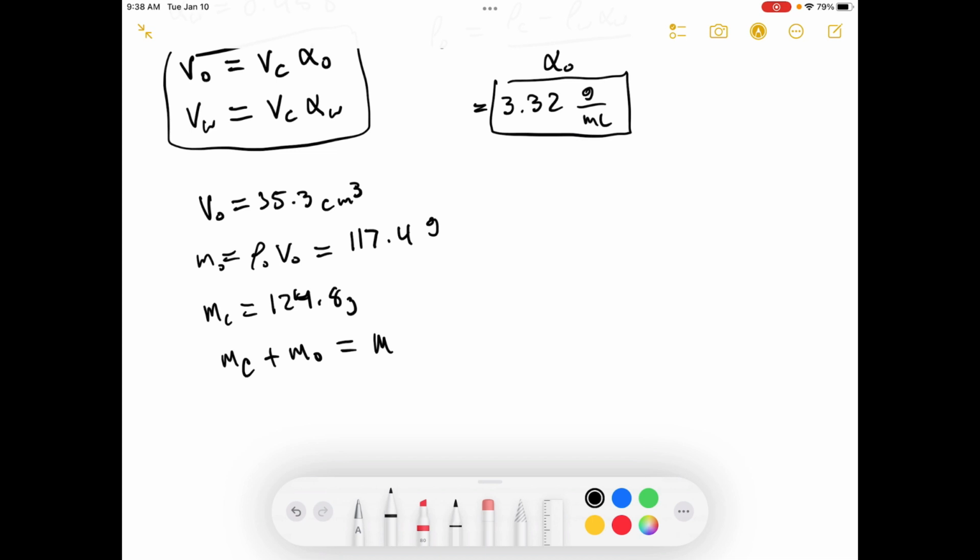Okay, so M2 equals 242.2 grams. Let's adjust that to significant figures, 242 grams. Okay, so that is the answer to problem 3.7.